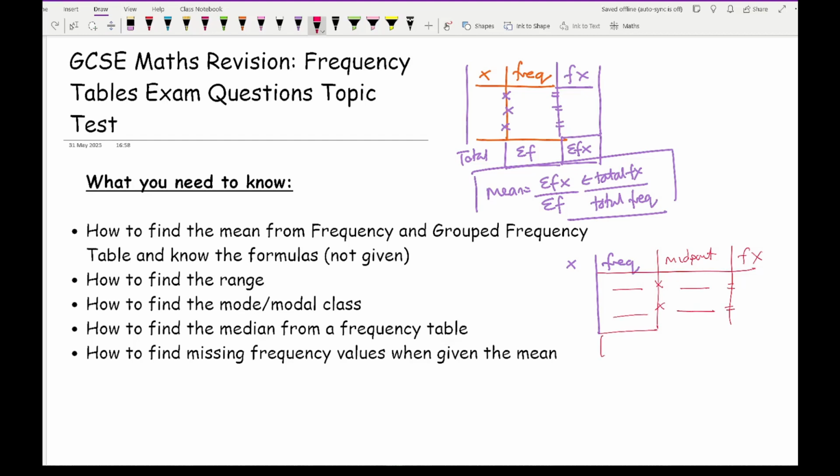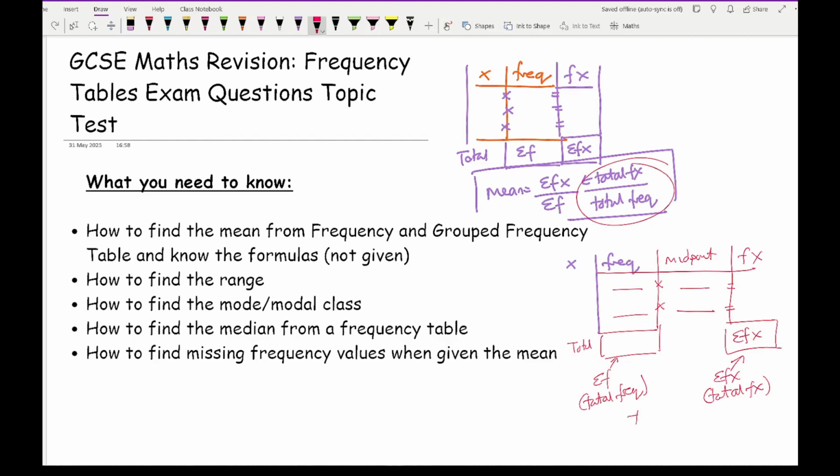And then what you need is the total frequency, which is sigma F, and your total FX, which is sigma FX. And then the mean is the exact same formula.